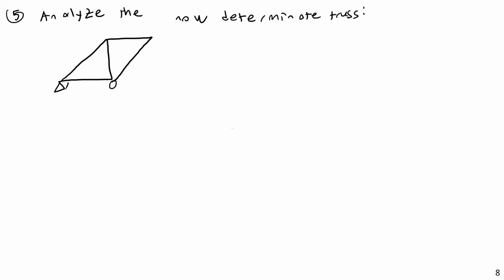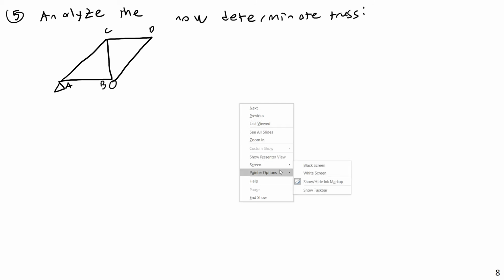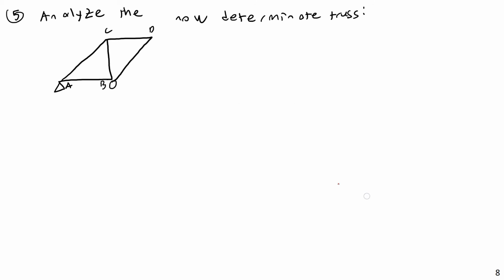Let me give us some names, A, B, C, and D. And in terms of forces, I'm going to have my AX, my AY, and then I'll have my BY, and then my redundant force again is going to be applied as a load.